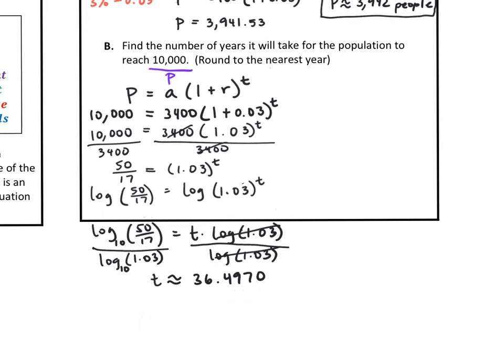And the problem says round to the nearest year. So this is about 49. So I'm going to round up from 36, I'm going to round up 1. So the approximate amount of time would be approximately 37 years.